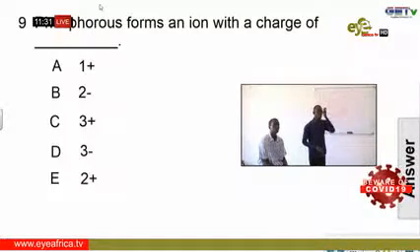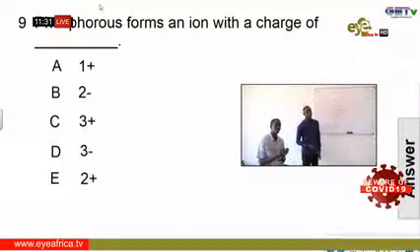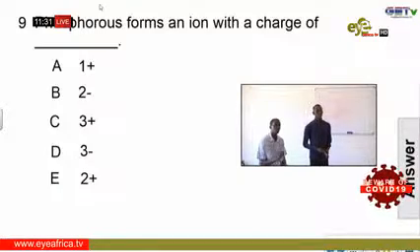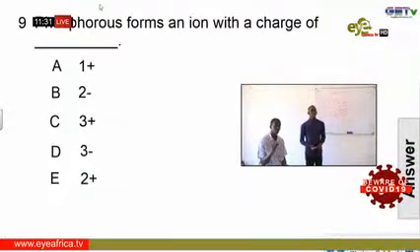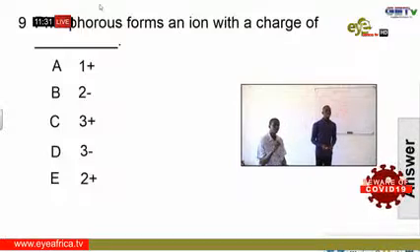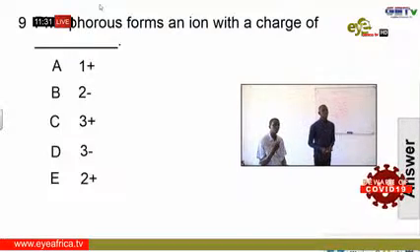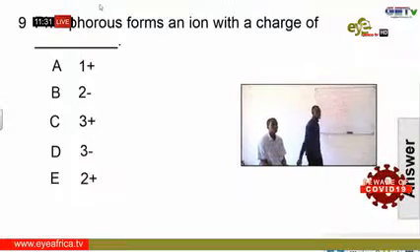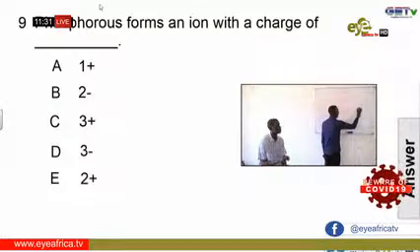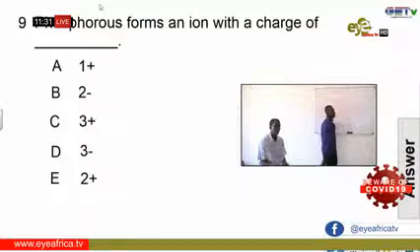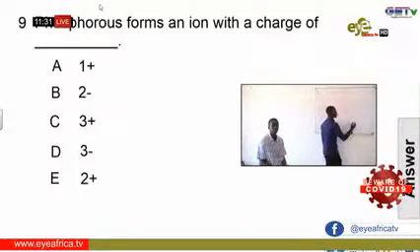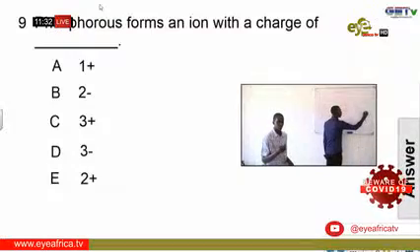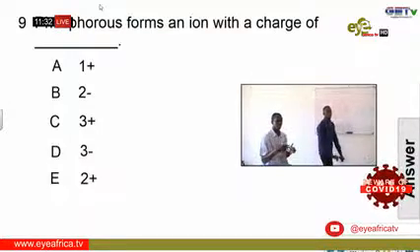Number 9. Phosphorus forms an ion with a charge of dash. A plus 1, B minus 2, C plus 3, D 3 minus, and E plus 2. Phosphorus is atomic number 15, and in this case we know that the electronic configuration is going to be 2, 8, 5.